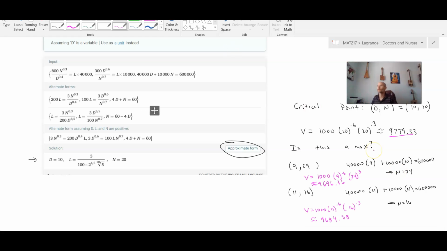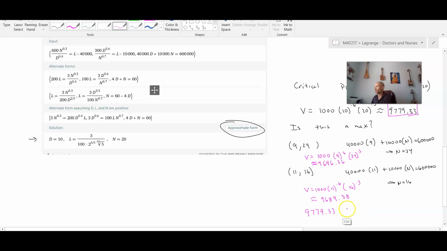And so that gives me about 9,696 visits, which is certainly less than our optimal point. And then because hiring 11 doctors and 16 nurses also leads to a lower number of visits, 9,684, that concludes that this point right here is a maximum.